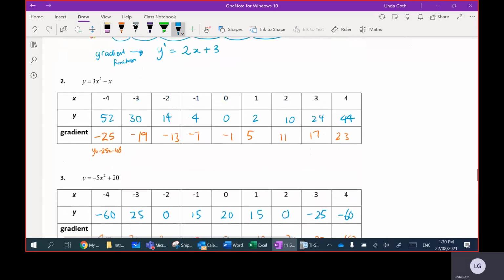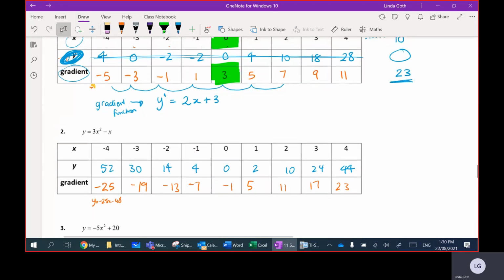All right, so for number 2, we were looking at y equals 3x squared minus x. So we're looking at y equals x(3x minus 1).